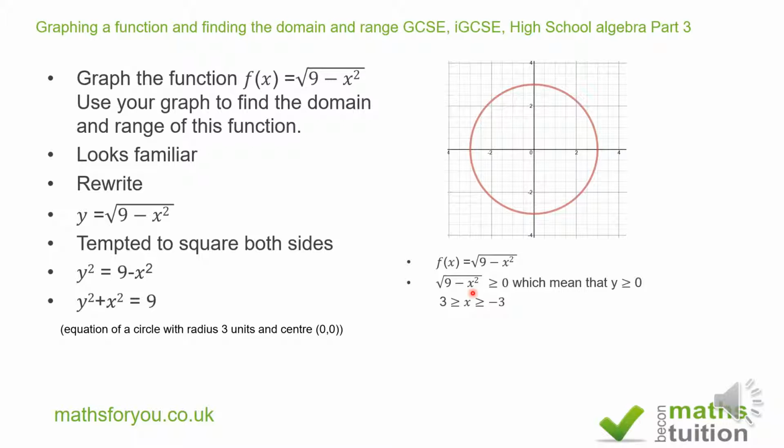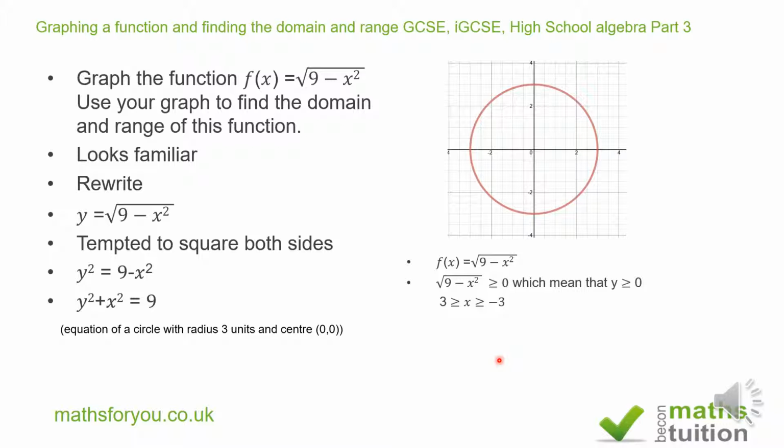That's no good, because we cannot find the square root of negative 7. And if x is minus 4, for instance, 9 minus 16, because minus 4 squared gives us 16, will again give us negative 7. We cannot find the square root of a negative number.